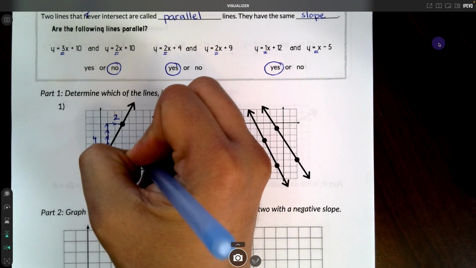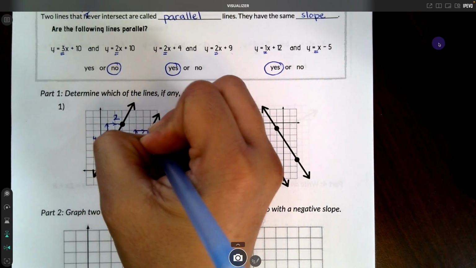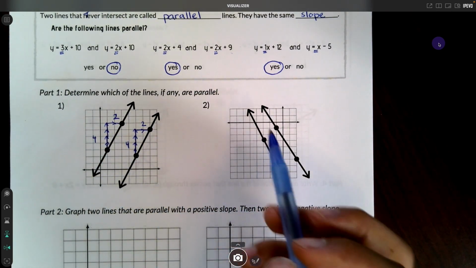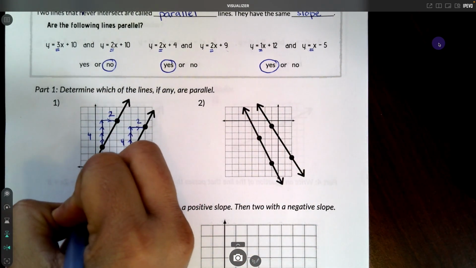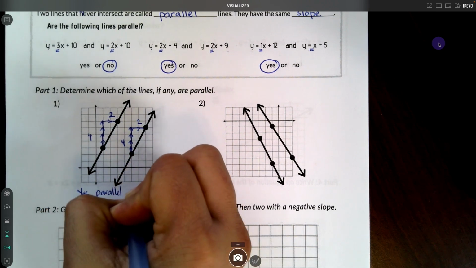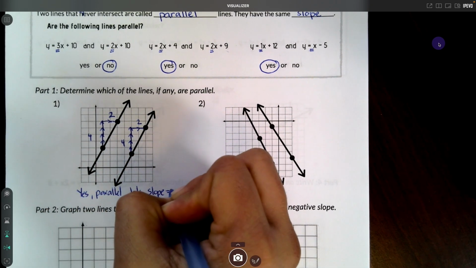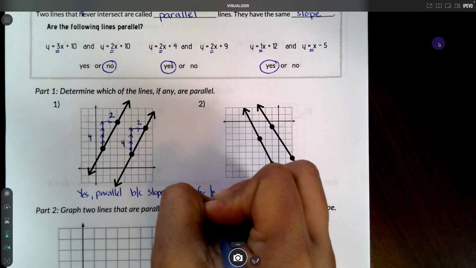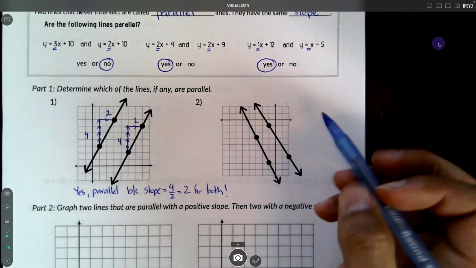So 1, 2, 3, 4 over 2. So these are two parallel lines. So then we'll just write yes, parallel, because slope is 4 over 2, which is just 2 for both. Okay, nice.